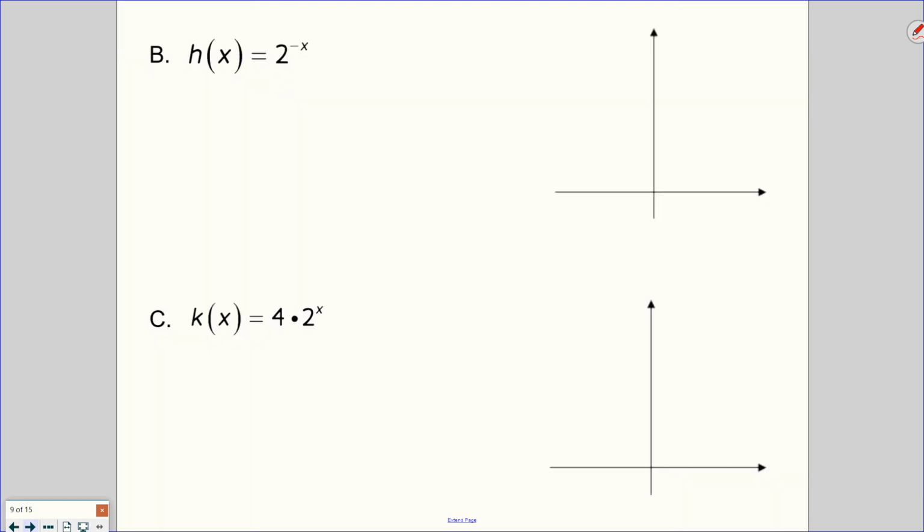If we do 2 to the -x, again, same original graph. So we have our same original graph here at 1. This is our same original 2 to the x. So we remember that when we do something inside the function, it does stuff horizontally. So it's going to reflect horizontally.